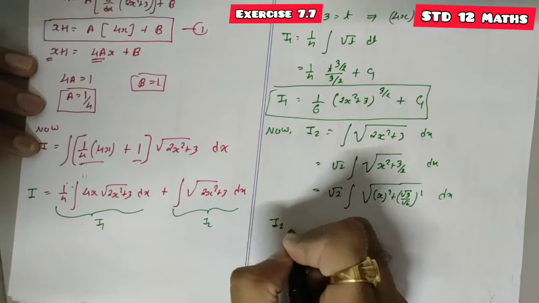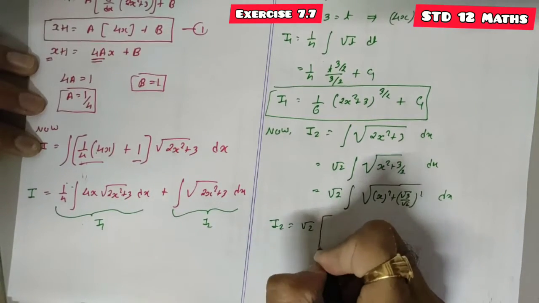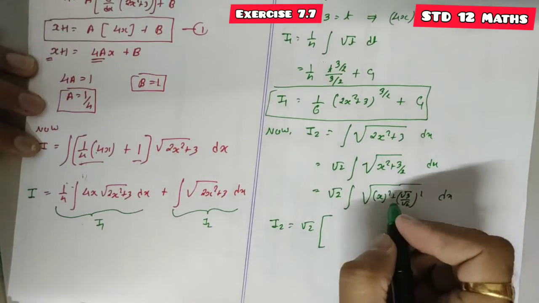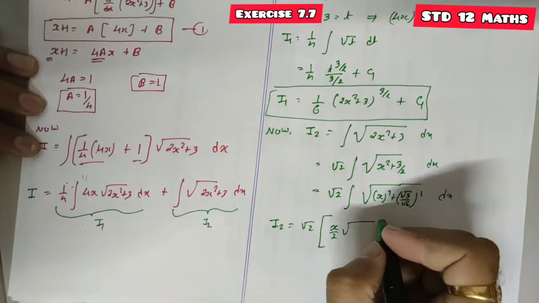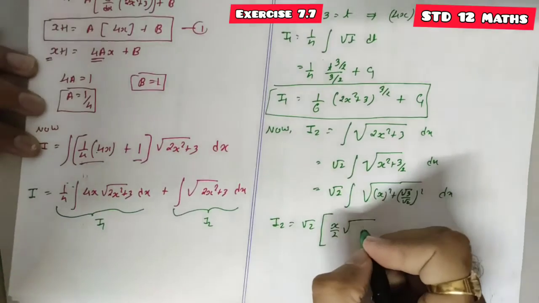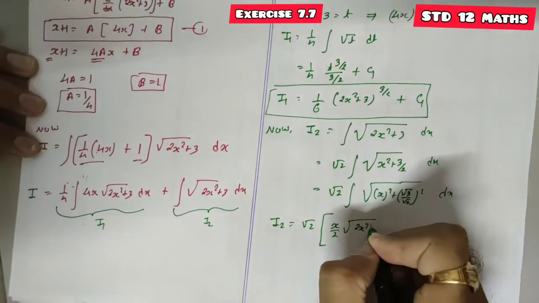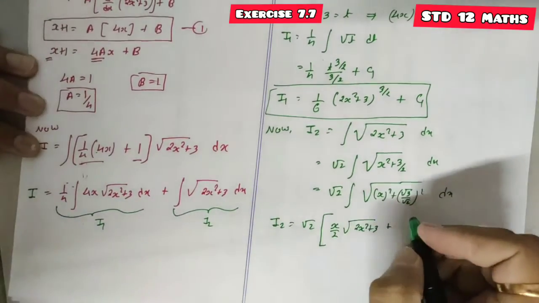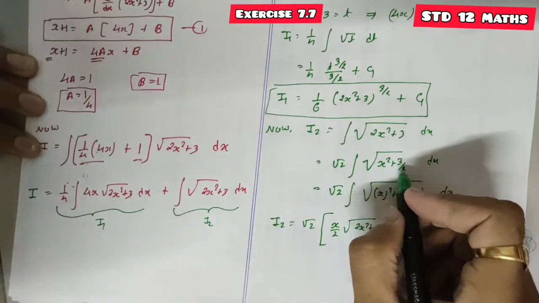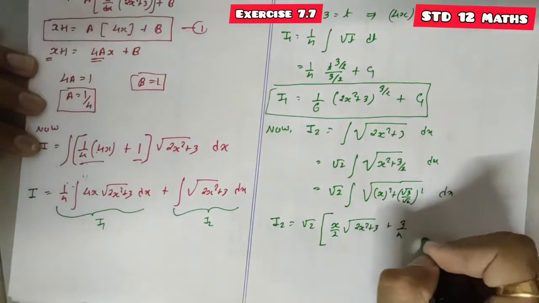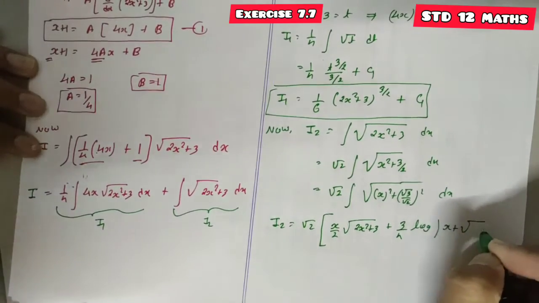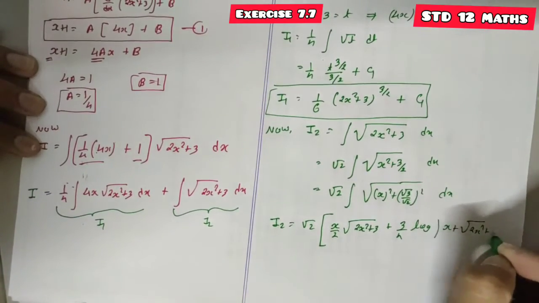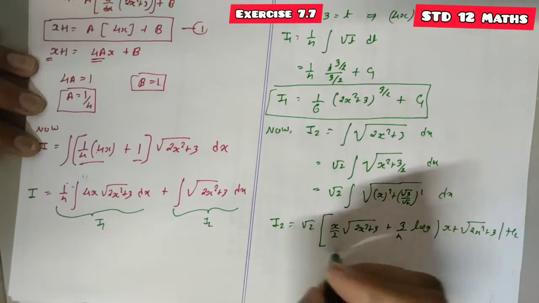So integration I2 is root 2 constant as it is, x by 2 into the given square root, which is 2x square plus 3, plus a square by 2, so it's 3 by 4 log x plus the given square root 2x square plus 3, plus c2.